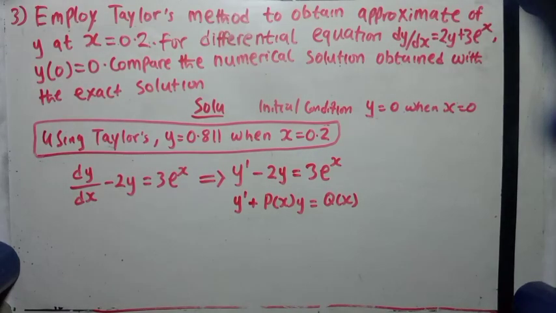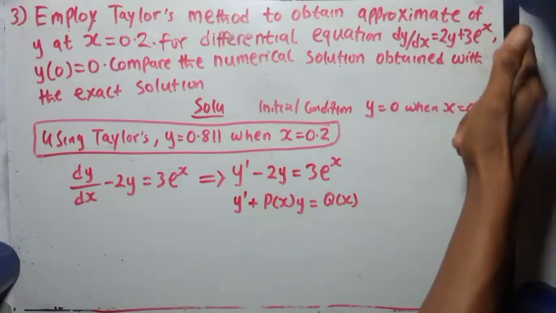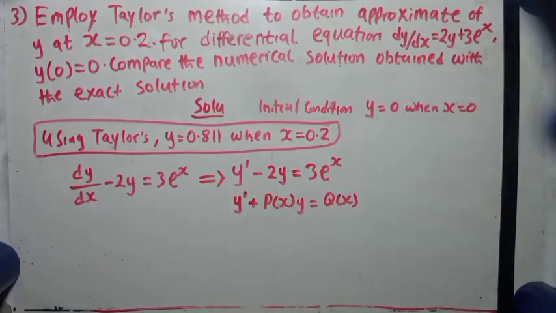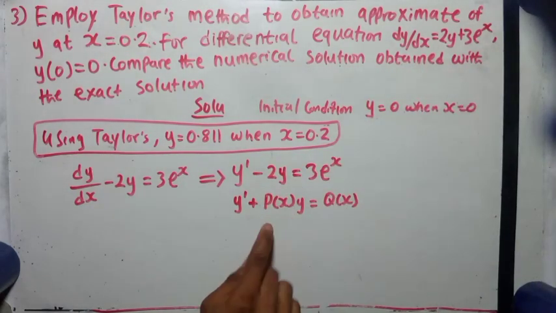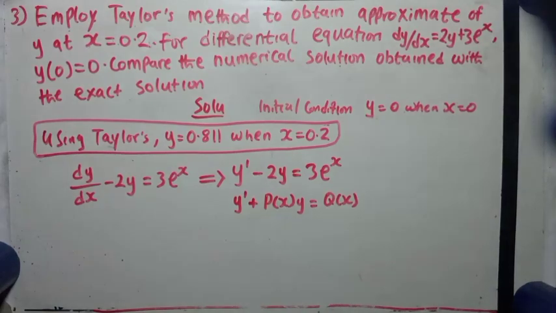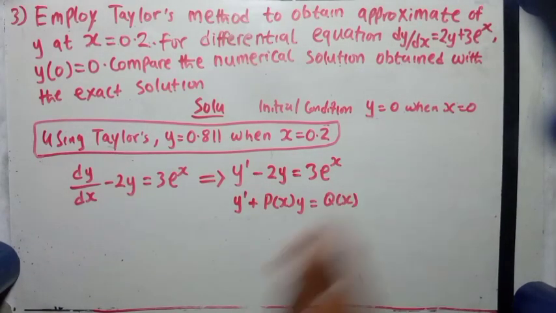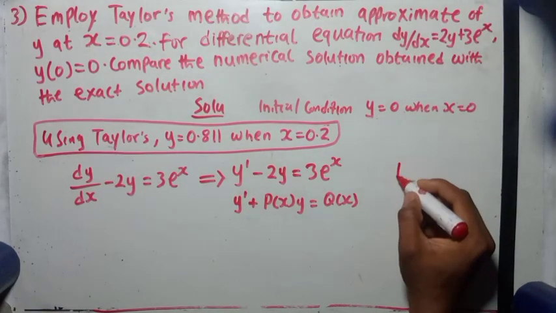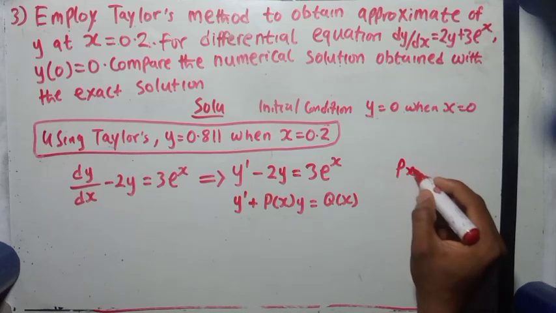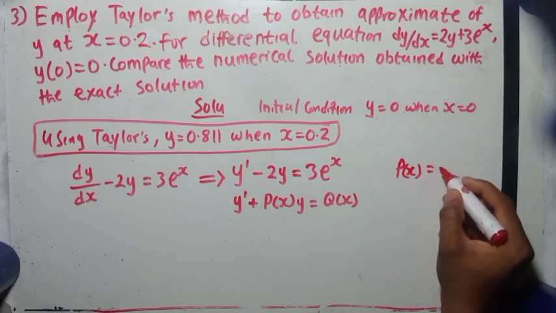That was the reason for us moving everything that has y to the left hand side. So in this case, if we compare these two equations together, our p of x is what?